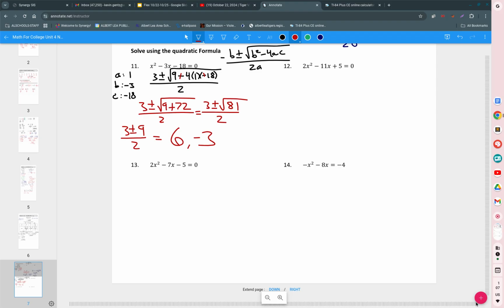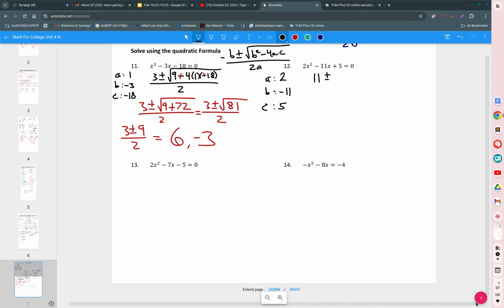We do one more together. A, B, and C. A is 2, B is negative 11, and C is 5. We set it up using the quadratic formula. What is negative B? Will it be positive 11 or negative 11?